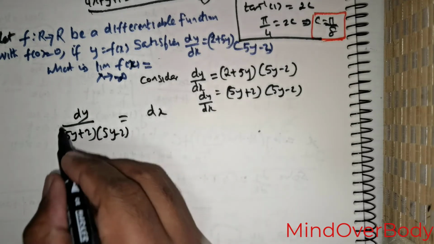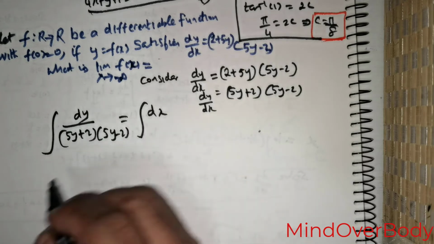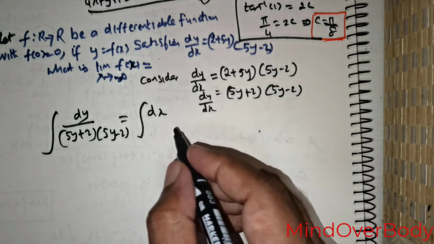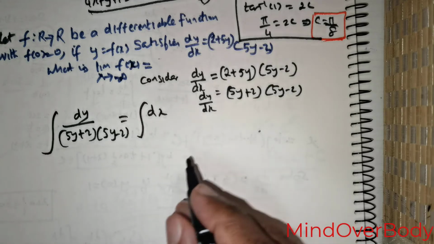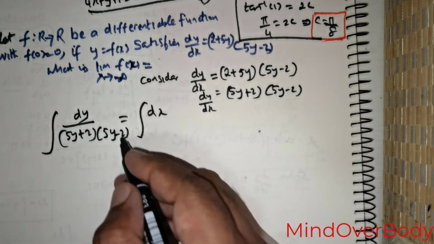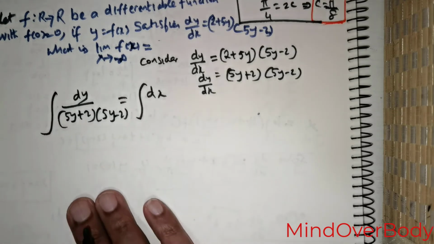Now we can integrate this, but to make integration possible we will have to use partial fractions. But it is imperative to understand that not always do you need to apply partial fractions. Some of the times you can use straightforward techniques.